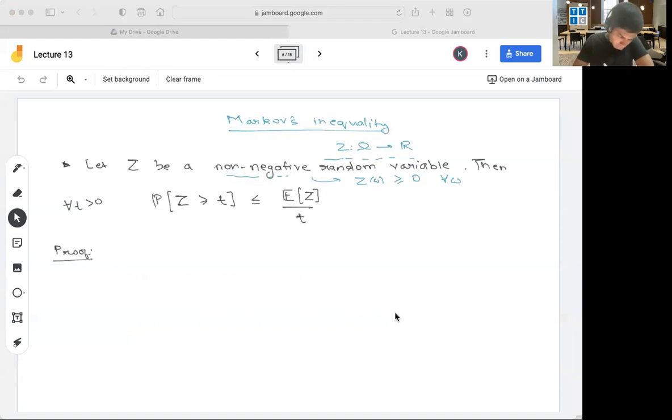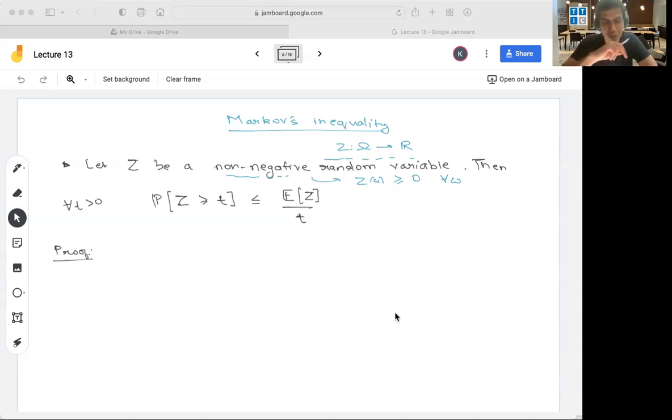And then I obtain some bound on the probability that z is greater than or equal to 20, which is the expectation of z divided by 20, or the expectation of z divided by t in general. This bound is meaningless if the expectation of z is larger than 20 in this case, because it just says the probability is less than or equal to 1, which I knew to begin with.